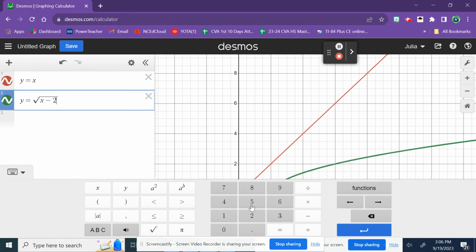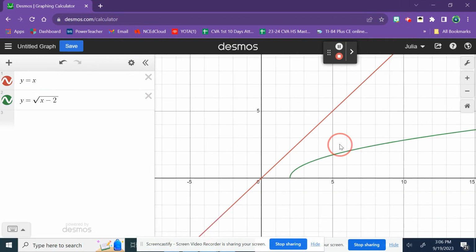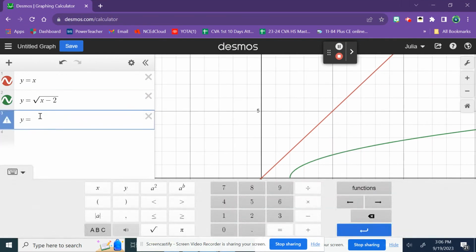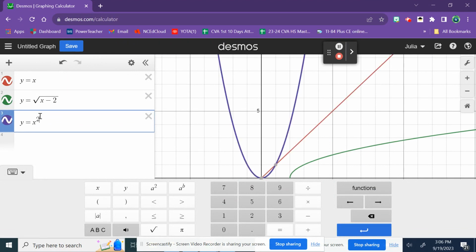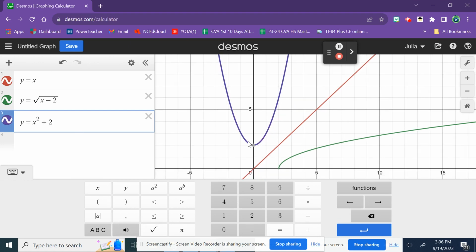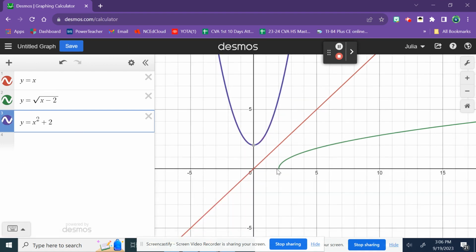This was the given, which hopefully we see is that hump we've talked about, y equals x squared plus 2. And so again, you're going to see that at 0, 2, the inverse would be 2, 0. And those are going to be the inverse of each other.